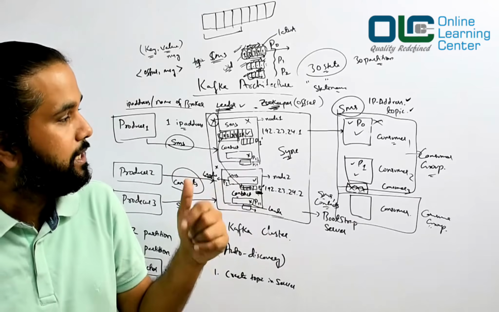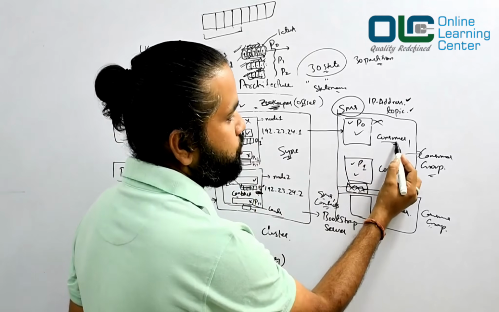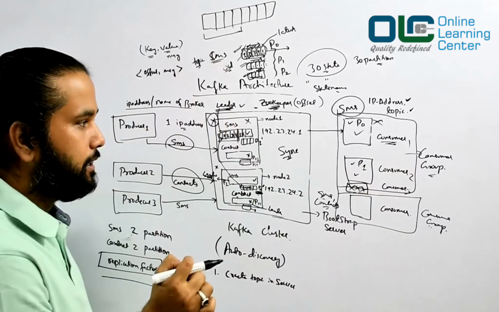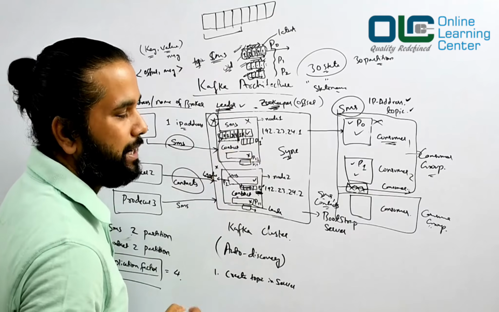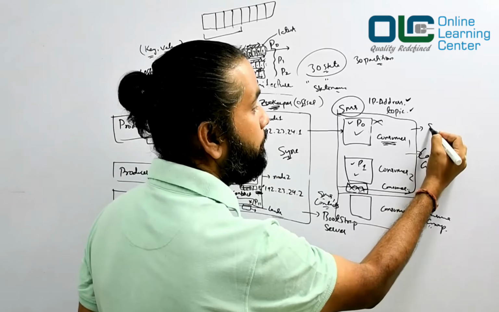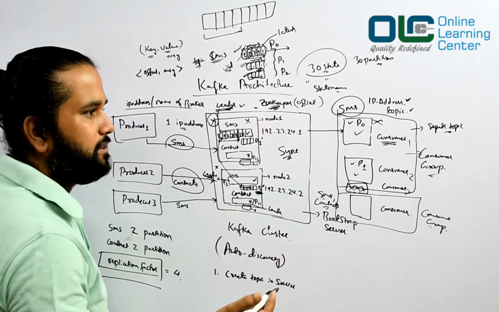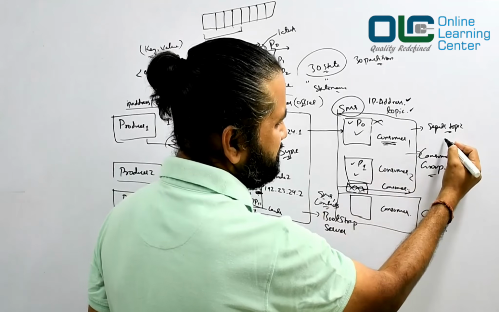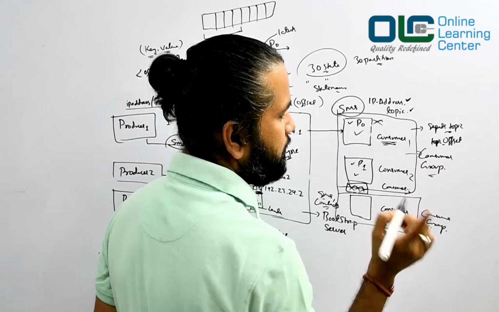But in the recent version, what the Kafka team has done is, as the consumer starts reading the data, it keeps track of the offset, whatever you have read so far, and it writes that information in a separate topic. I think the name was something like topic underscore offset. I'll tell you about that.